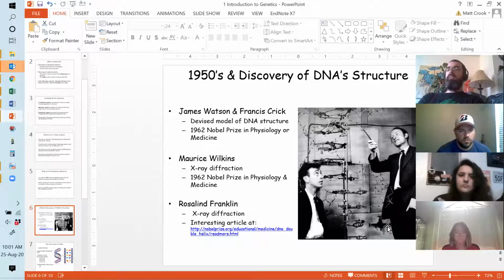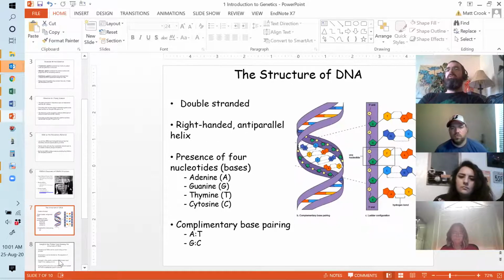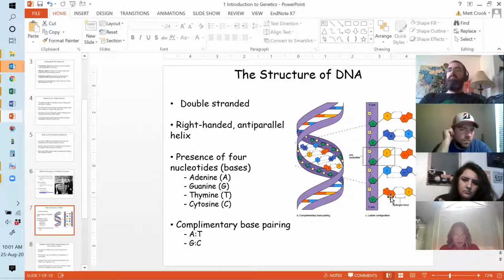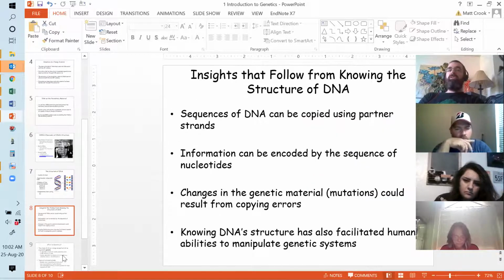But essentially, once that kind of kicked out, it led to all kinds of stuff, right? So obviously, you know all this stuff. We've got our anti-parallel double helix. I'll talk about that a little bit more later. But once you start figuring out, okay, we've got a sequence of bases, then you can start figuring out an awful lot more stuff, right?